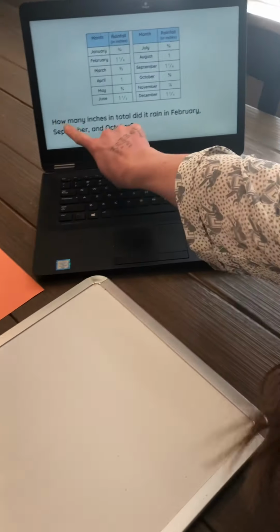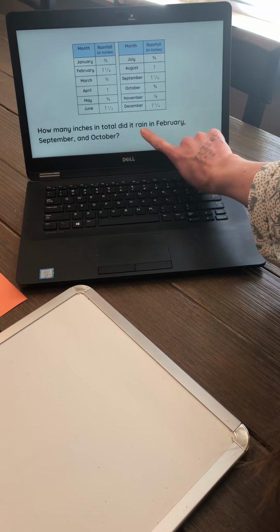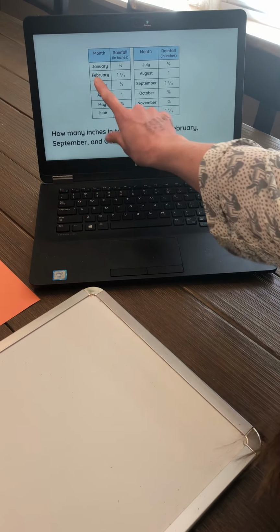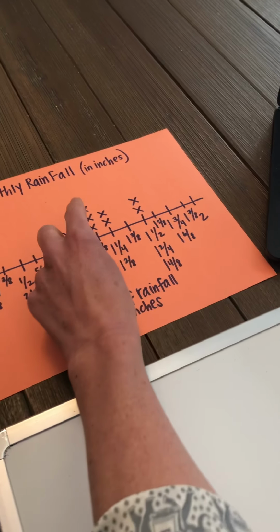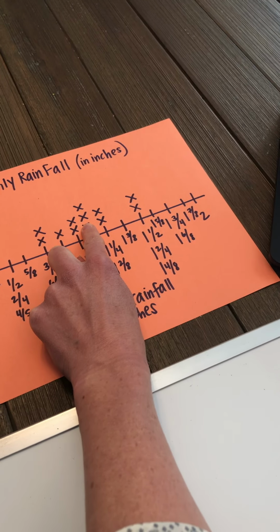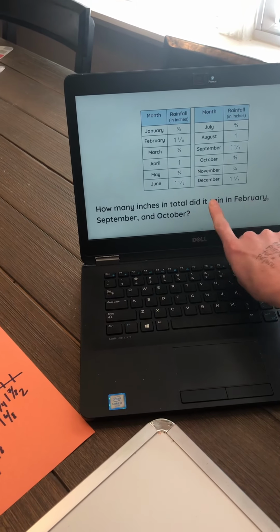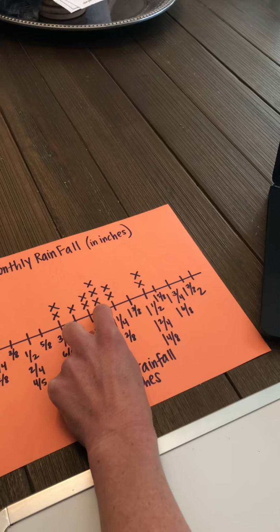Our next question asks how many total inches, or how many inches in total, did it rain in February, September, and October? So I need to look at February, 1 1/8, okay. September, 1 1/8, and October, 9/8. Well, I know that that's equivalent to 1 1/8.